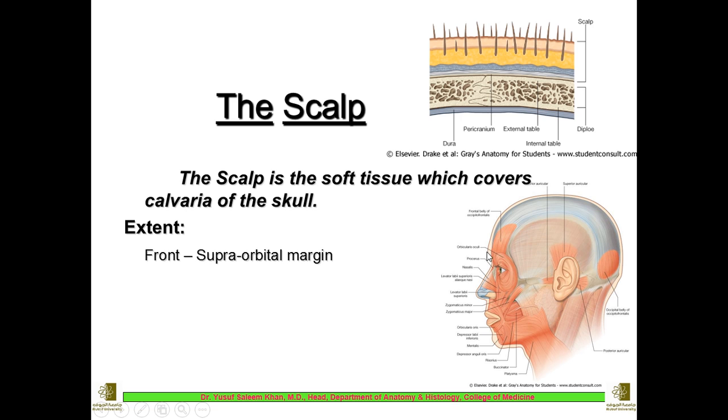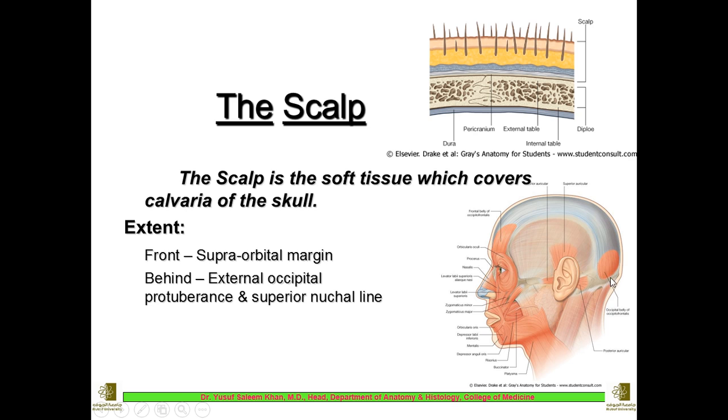In the front it begins just above the orbit at a bony margin called the supraorbital margin. If you remember the skull, here will be the supraorbital margin. Then behind, if you go all the way up to the occiput, there we have something called the external occipital protuberance in the center, and beside that we have the superior nuchal lines.